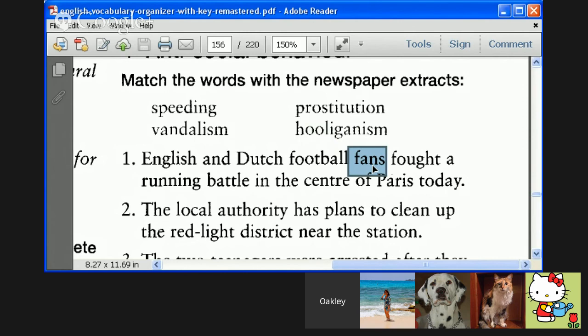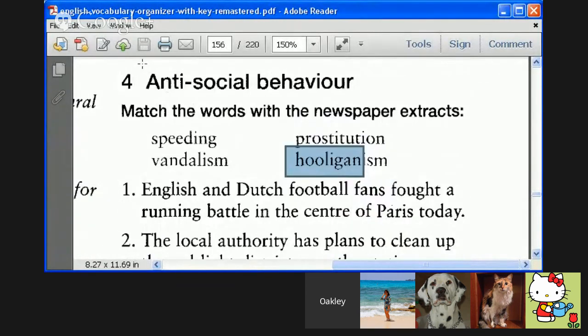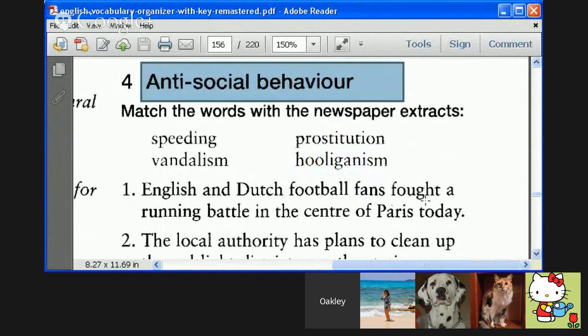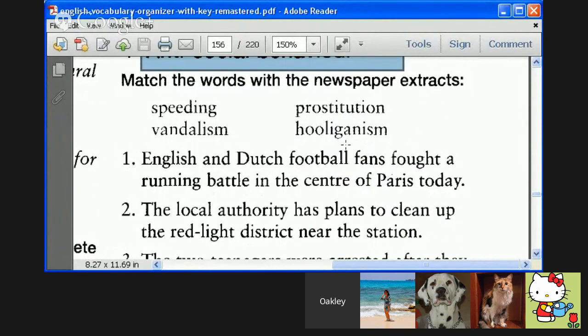You can be a fan without being a hooligan. You don't have to be a hooligan. Hooligan is definitely a negative, derogatory term for somebody who basically indulges in antisocial behavior and maybe even criminal behavior.